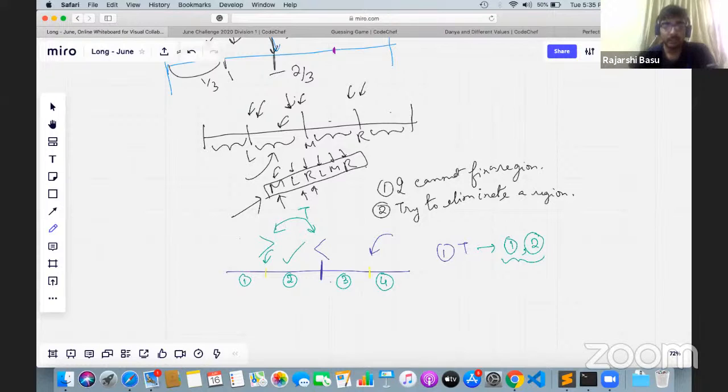And if this is true, and let's say this is false, that means that this must be true. Then also 2 is definitely not possible, right? So in both cases, whichever one is true, and if both are true, doesn't matter, 2 is not possible, so you eliminate this region. So now your regions are left with 1, 3, and 4.